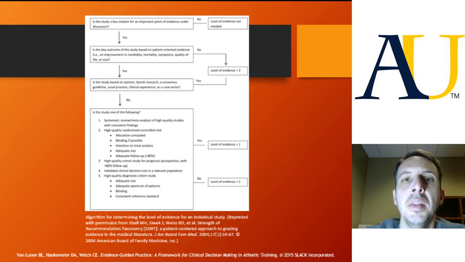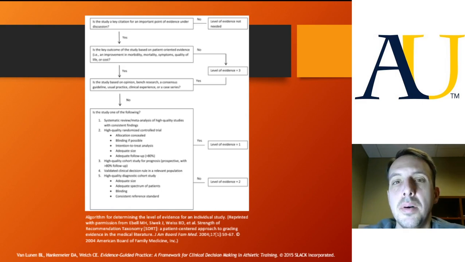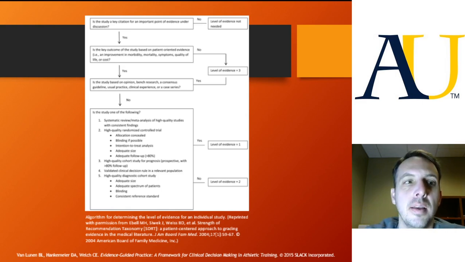This idea is that even though it may be patient-oriented as far as what it's trying to go for, it's not really being driven by high enough quality, as in case series, or it's looking at lower-level things like bench research, which is like our example of tissue temperature with the ultrasound study.